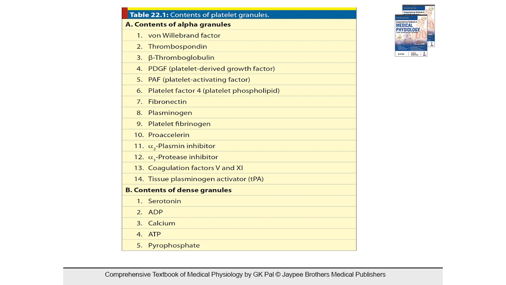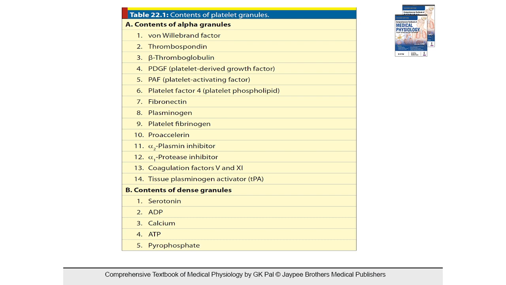They also contain platelet activating factor, fibronectin, plasminogen, platelet fibrinogen, alpha 2 plasmin inhibitor, coagulation factor 5, coagulation factor 11, plasma thromboplastin antecedent, and tissue plasminogen activator. All these are the different contents of alpha granules. Among these, PDGF is a very important content.